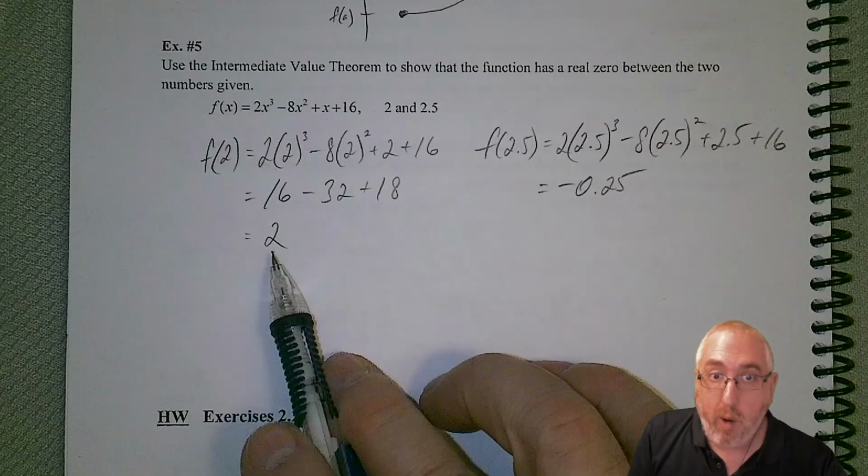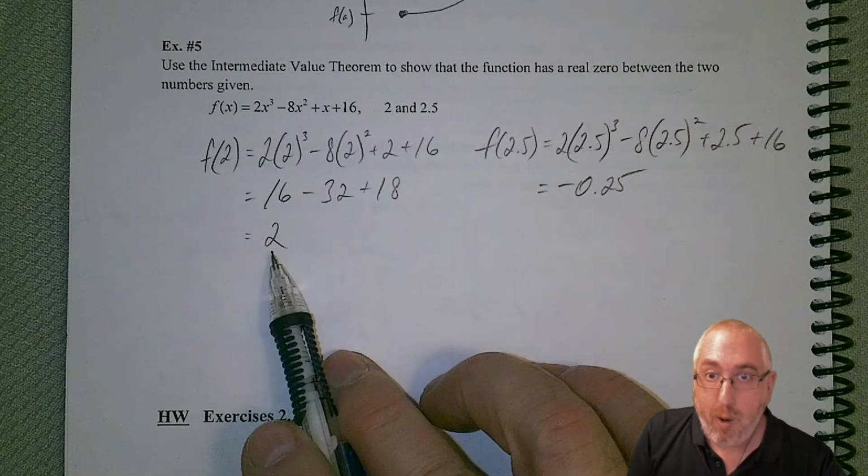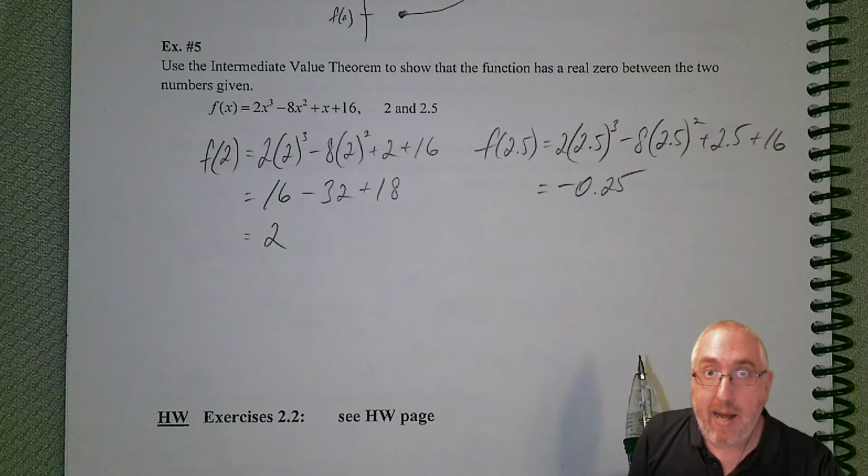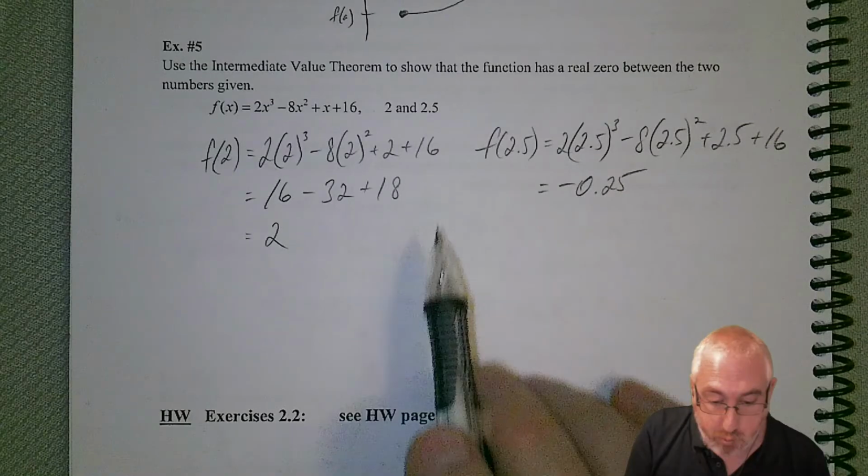So one y value is positive, one y value is negative. So we know it's coming downhill through the x-axis somewhere between 2 and 2.5.